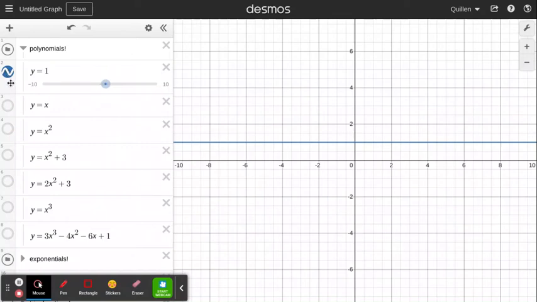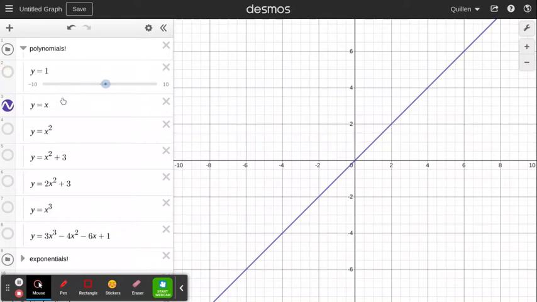Now, take this line and rotate it. You get y equals x. Y equals x is the most basic polynomial that people really think about as a polynomial. It is the linear equation, the most basic linear equation. And some important facts are that its slope is 1.